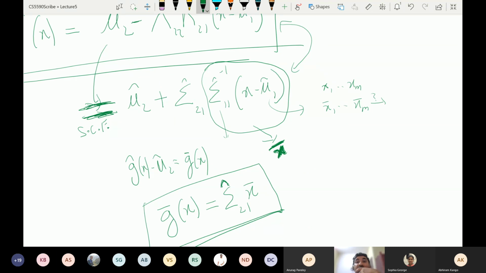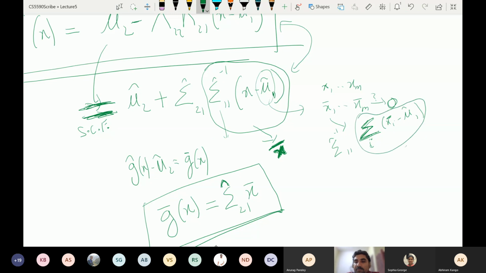Zero. Very good. I just subtracted the mean, right? So if I just take a summation of all these things, sorry, this is summation, not covariance. So summation over i of xi bar, into sigma 1 inverse, right? So what will this be?